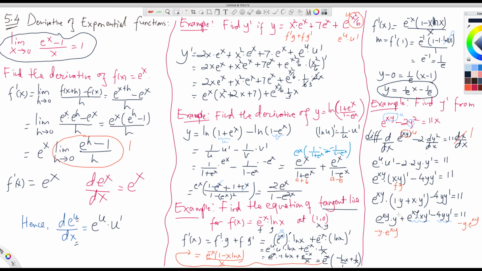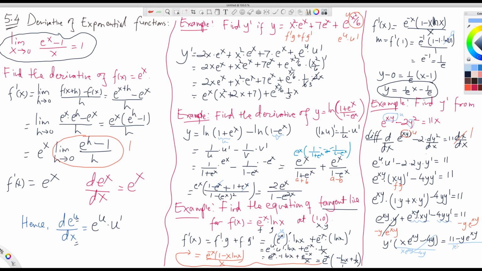So that will cancel out, right? Let me do y prime. What is left is x e to the xy, minus 4y, equals 11 minus y e to the xy. Now I want to divide both sides by x e to the xy minus 4y, because our goal is to solve for y prime. That will cancel out.